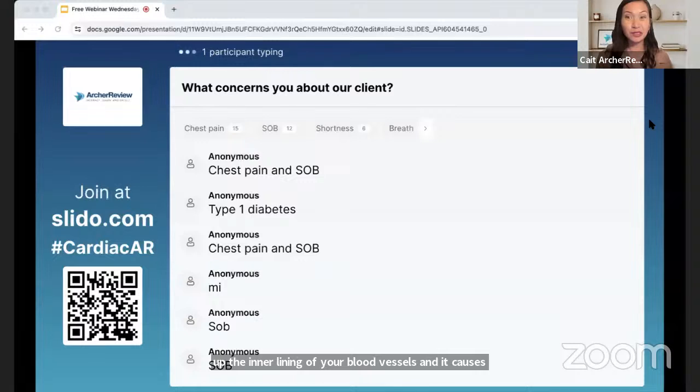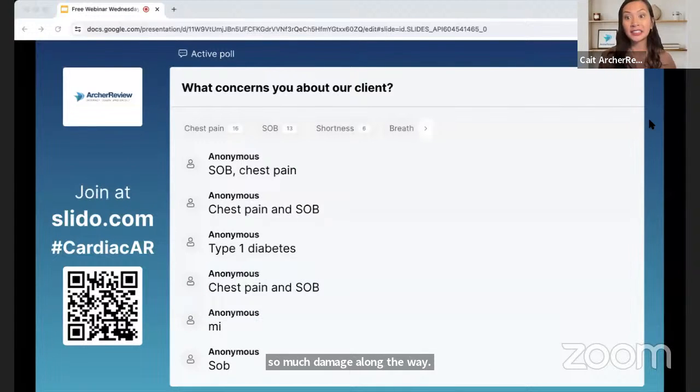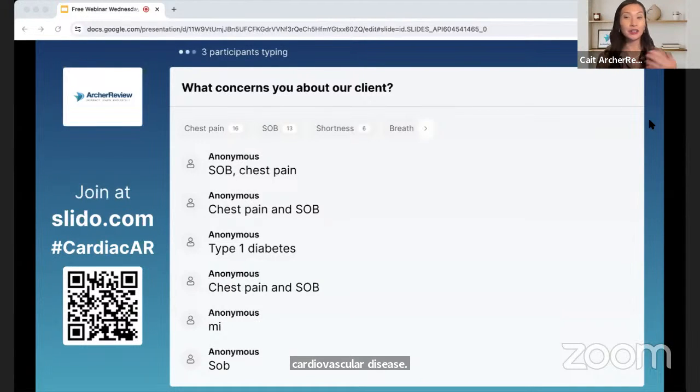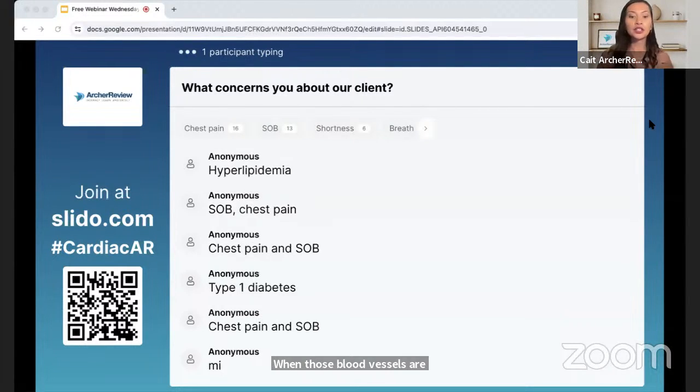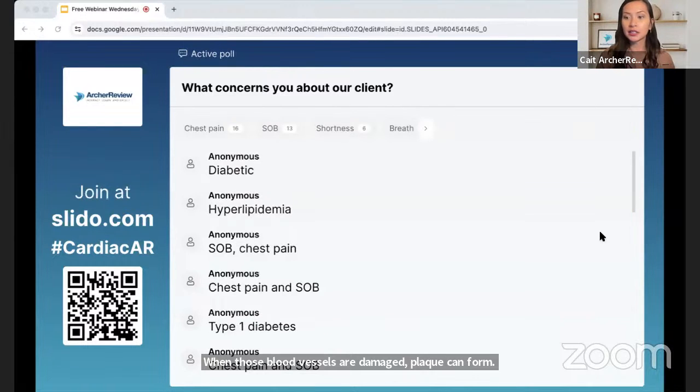That's why it's really important to educate clients on stopping smoking and reducing their blood pressure levels, because those significantly contribute to cardiovascular disease. When those blood vessels are damaged, plaque can form, atherosclerosis can form, and those are just precursors to cardiovascular disease.